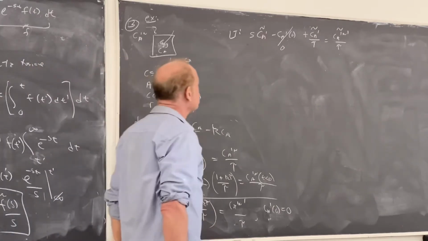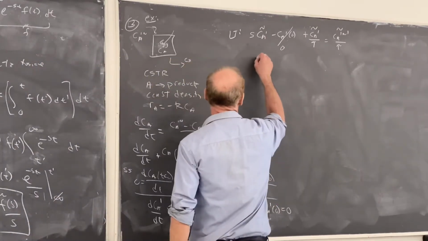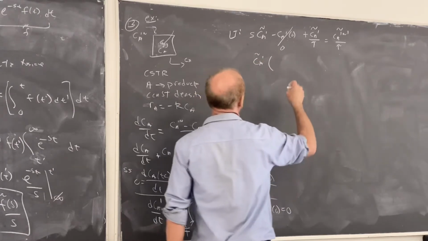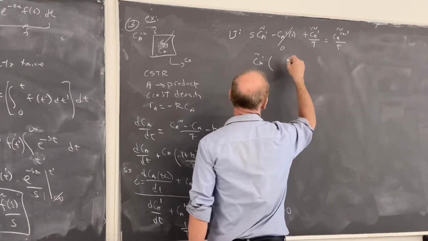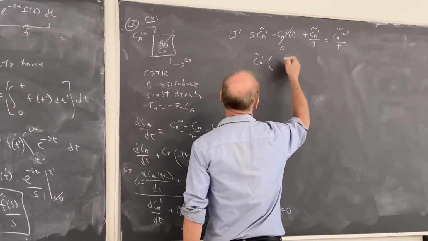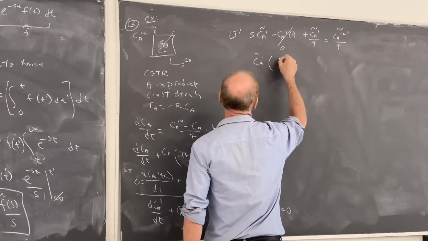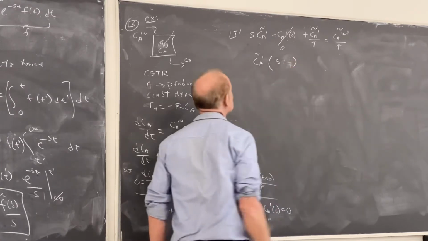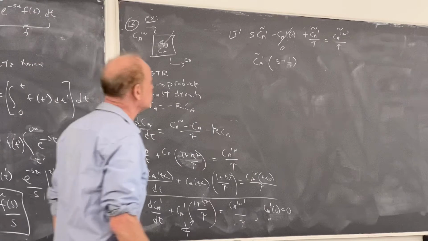So let's see what we get here. Notice that I can factor out CA prime tilde times S plus 1 over T. And what's S plus 1 over T?